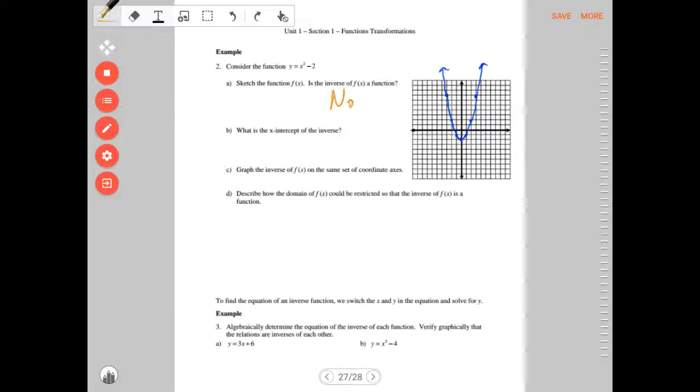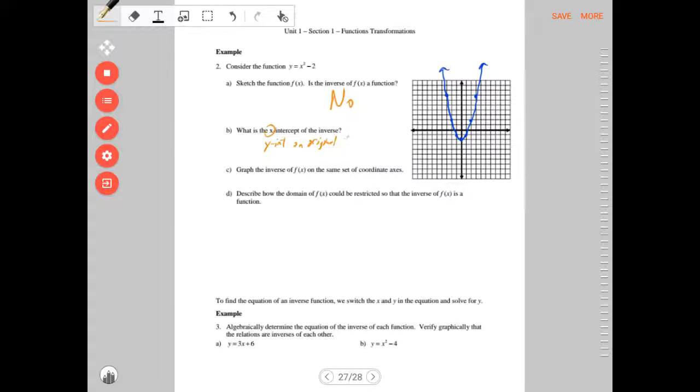Okay, awesome. So then it says, what is the x-intercept of the inverse? Well, the x-intercept of the inverse, remember, that's a y-intercept on the original. The y-intercept on the original is negative 2. So negative 2, 0. Oops, I did that wrong. Got ahead of myself.